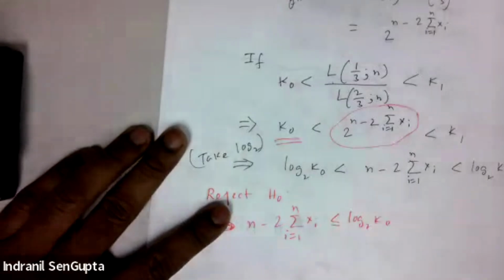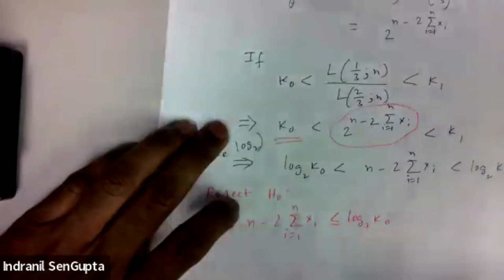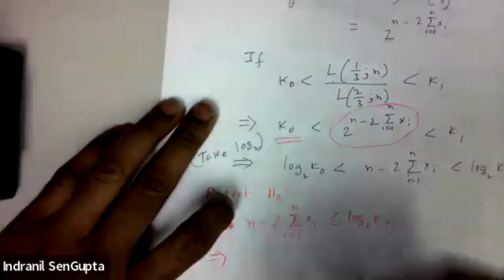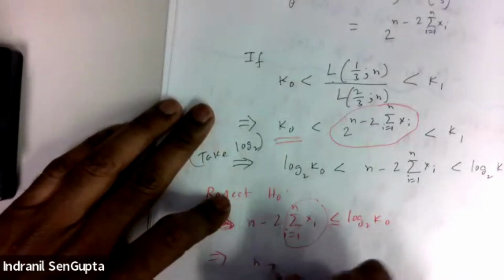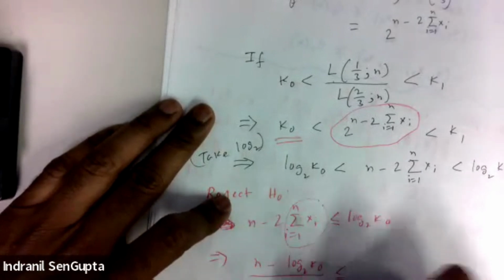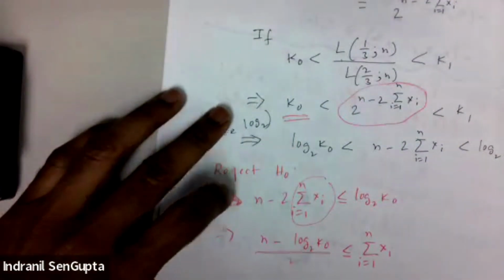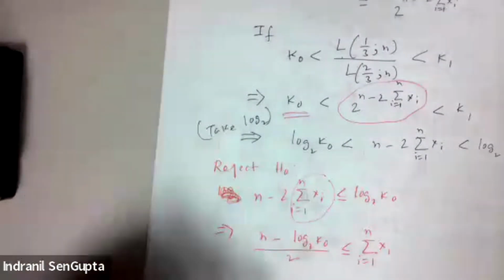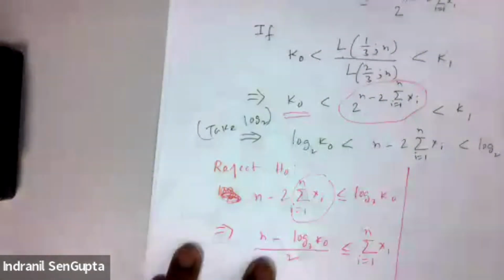Okay. So in other words, this can be the same as, if I just solve for this quantity, it's n minus log 2k0 over 2, sum from i=1 to n of xi. So if this summation of xi is bigger than this quantity, then we reject the null hypothesis, right?